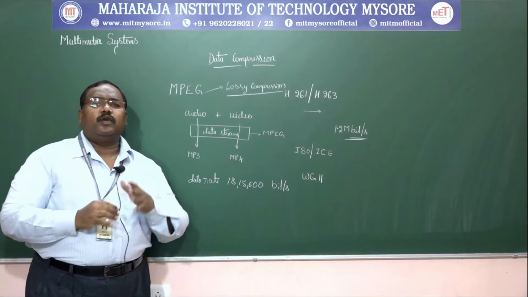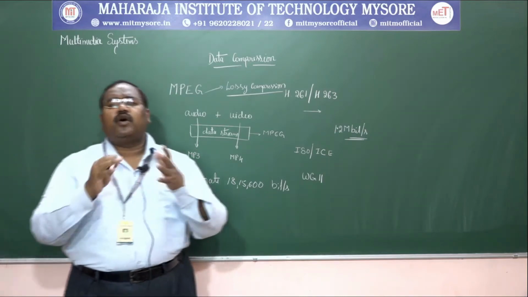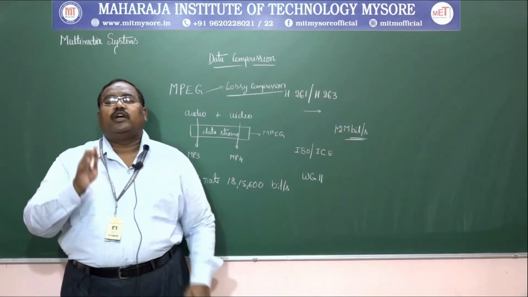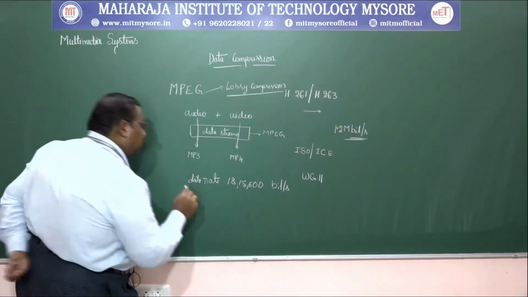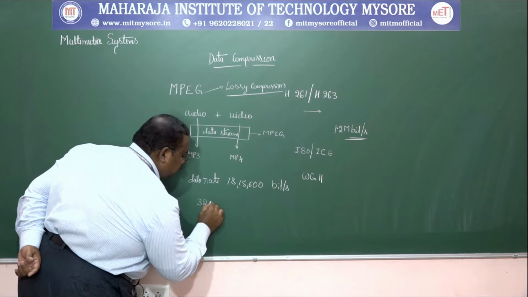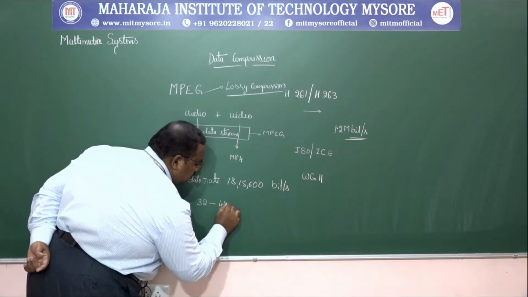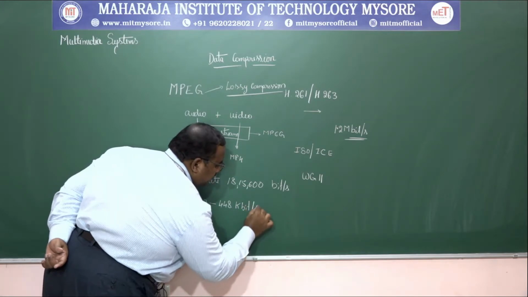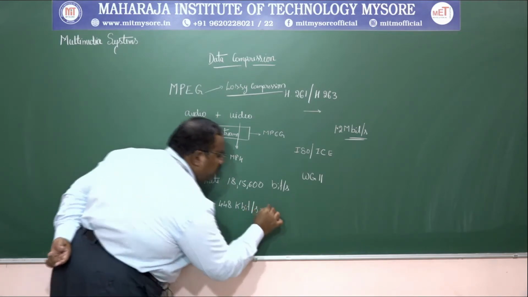One more thing, the data rate of each audio channel can be chosen between 32 and 448 kilobits per second. So what is that? Audio data rate.